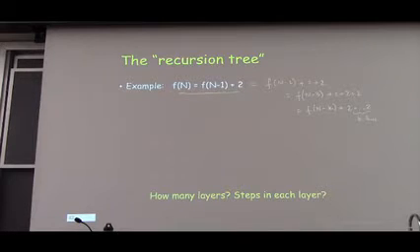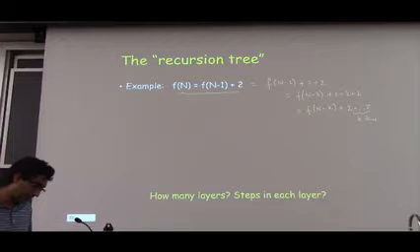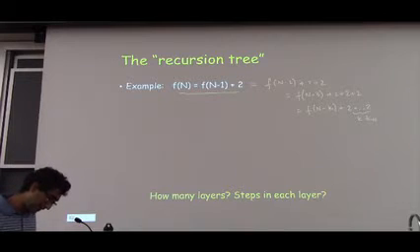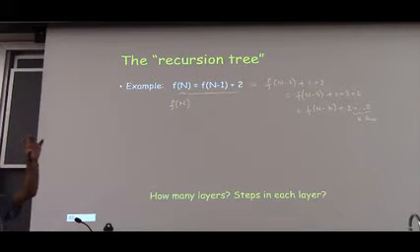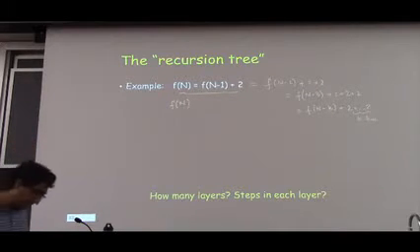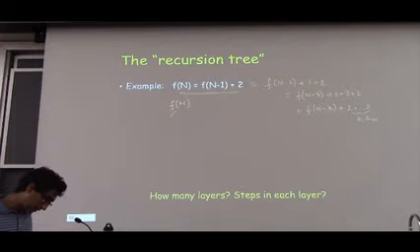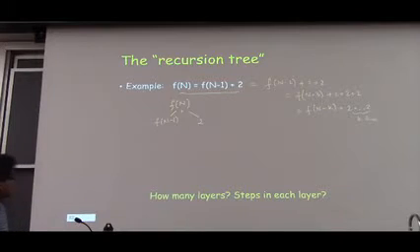You can do this more formally. You want to compute f of n, and think of it as being the root of a tree. This you're saying is f of n minus 1 plus 2. This is a tree node, you can just think of it as combining by plus.